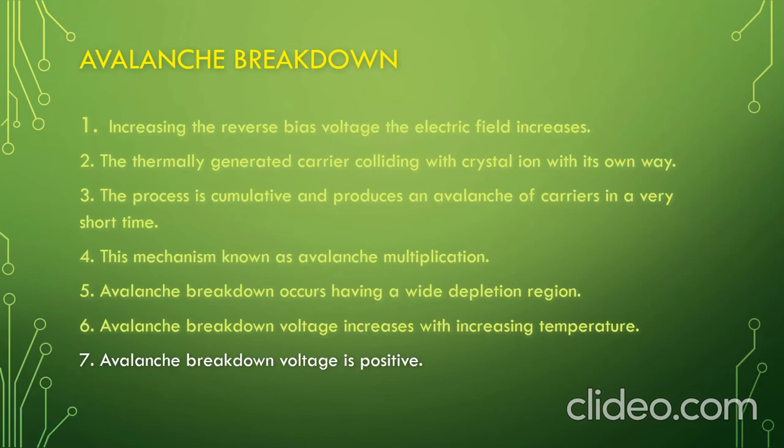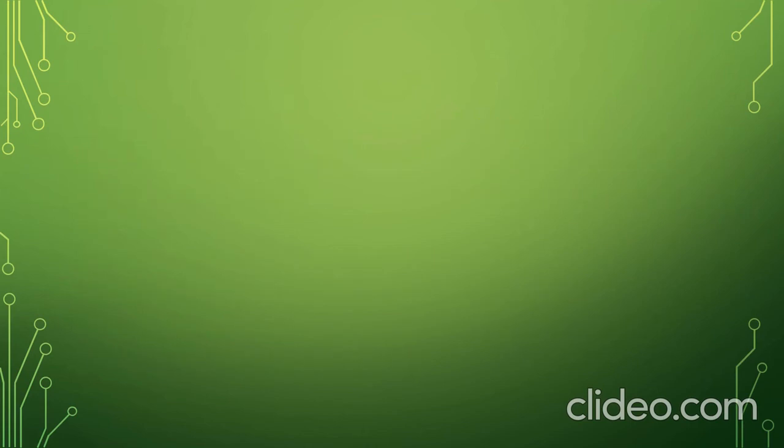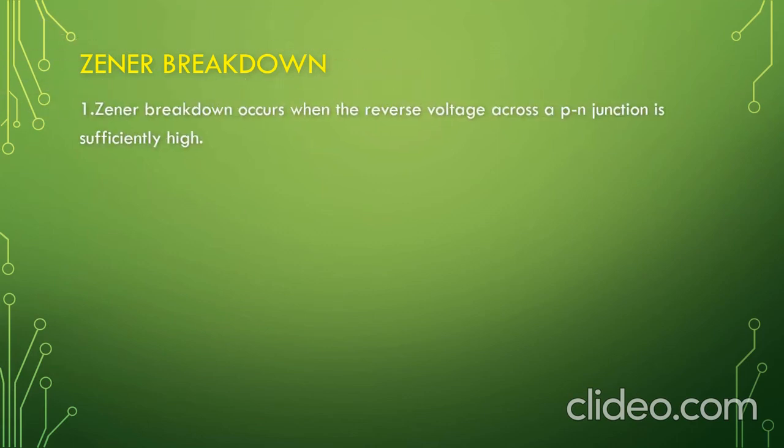In the next slide we talk about Zener breakdown. The next breakdown mechanism is Zener breakdown. So what is Zener breakdown? Zener breakdown occurs when the reverse voltage across a PN junction is sufficiently high so that the resulting electric field at the junction exerts a large force on a bound electron to tear it out of its covalent bond.